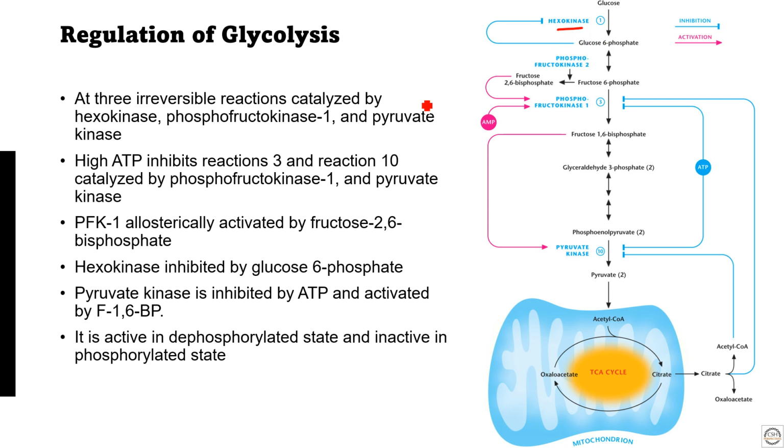One is hexokinase, another is phosphofructokinase 1, and another is pyruvate kinase. So the regulation of glycolysis takes place at three irreversible reactions which are catalyzed by hexokinase, phosphofructokinase 1 and pyruvate kinase.